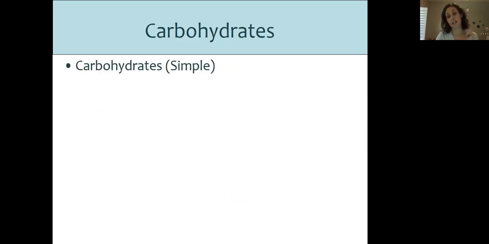We have carbohydrates that are simple. And so these are the ones that we should try to avoid more, that tend to be hopefully more treats rather than the everyday food that we consume.